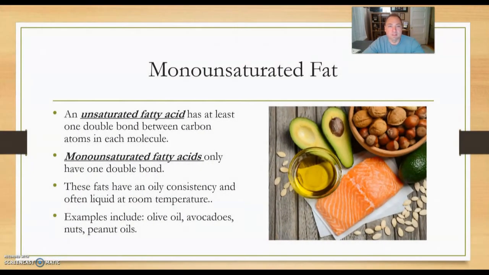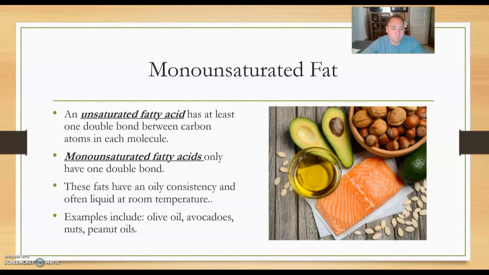All right, monounsaturated fat. All right, this is considered good fat. An unsaturated fatty acid has at least one double bond between carbon atoms in each molecule. So imagine that saturated fat chain. Now we have a double bond between a carbon, and there's one or two less hydrogens in the chain.